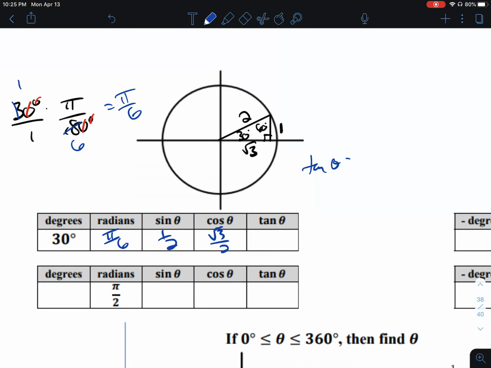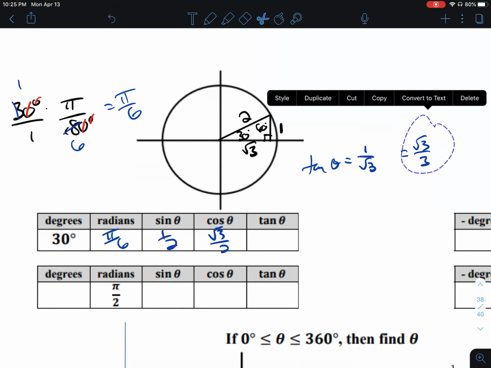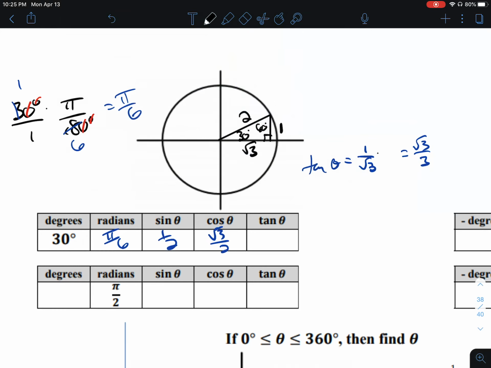Tangent of theta is y over x, and you're thinking, well, that's not complicated. It isn't, but we don't like radicals on the bottom, so if we rationalize this by multiplying it by square root of 3 over square root of 3, we're going to end up with square root of 3 over 3 for tangent.